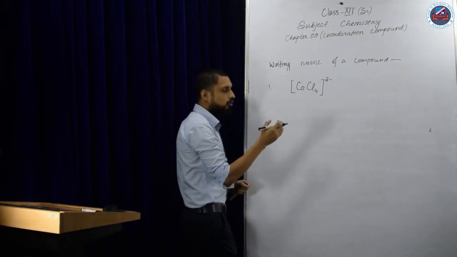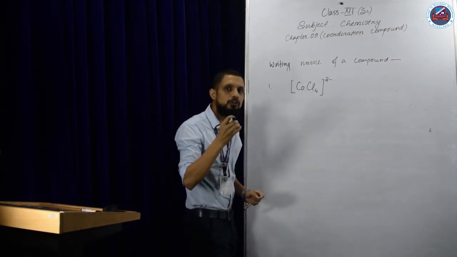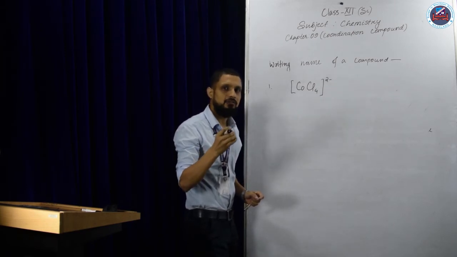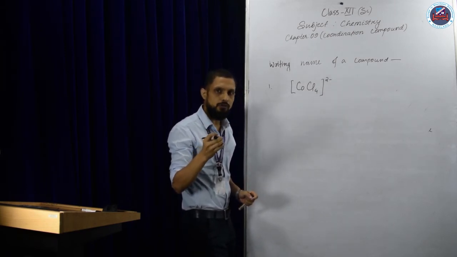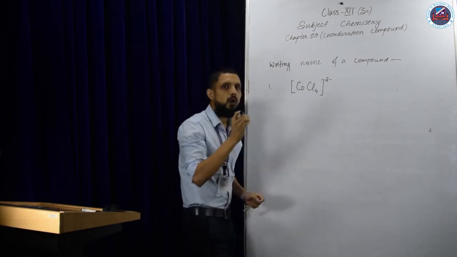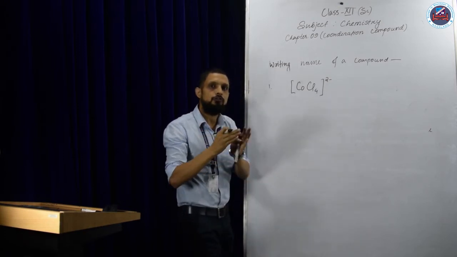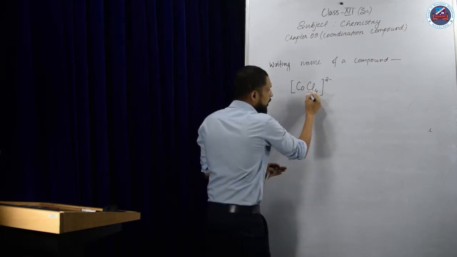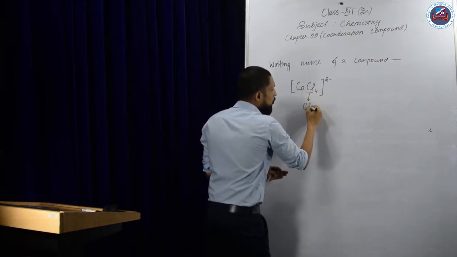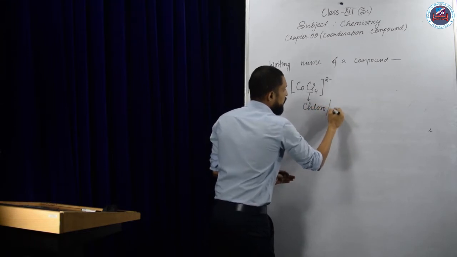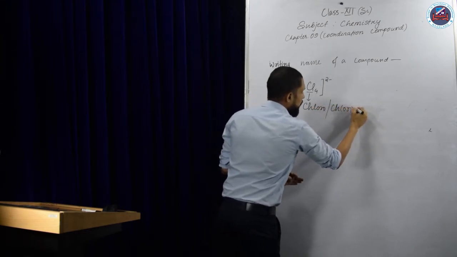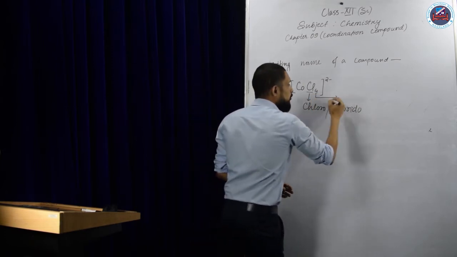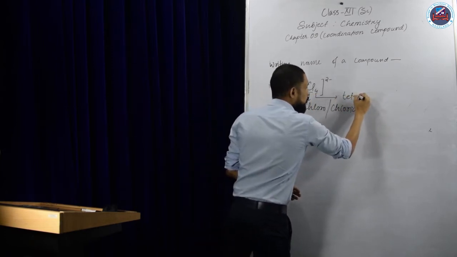While writing the coordination entity, according to the rule, you'll first write the ligands in alphabetical order. Here you have only one type of ligand, so no need to follow any alphabetical order. We have Cl, the name of Cl is chloro, or you can write chlorido. 4, we'll use the prefix tetra.